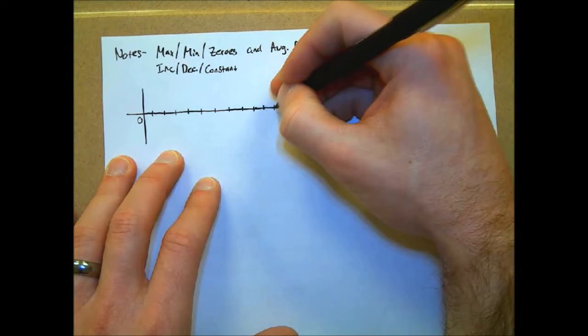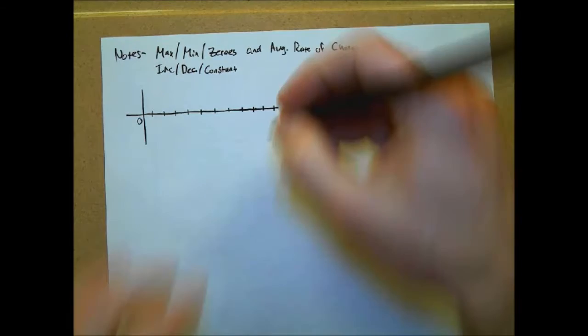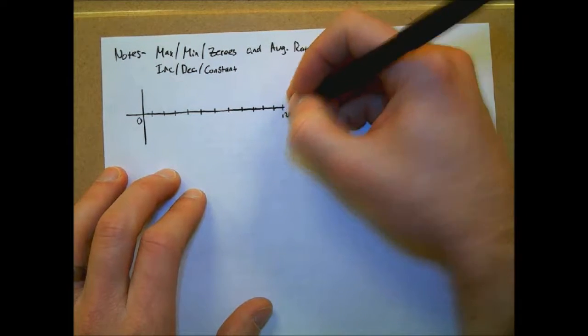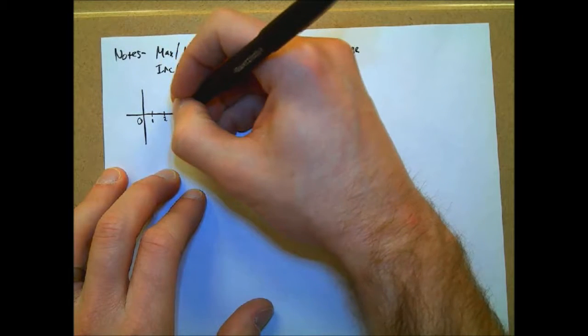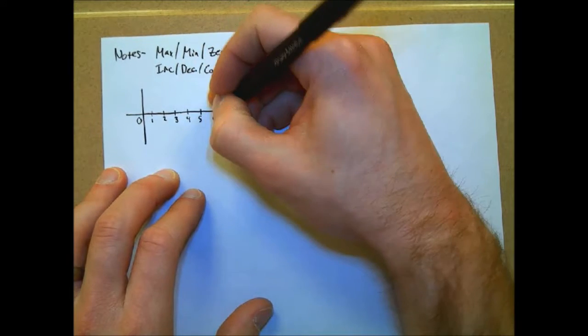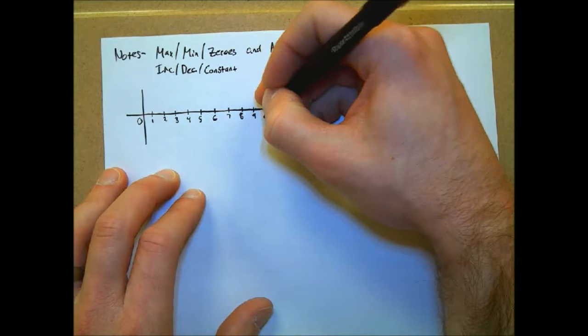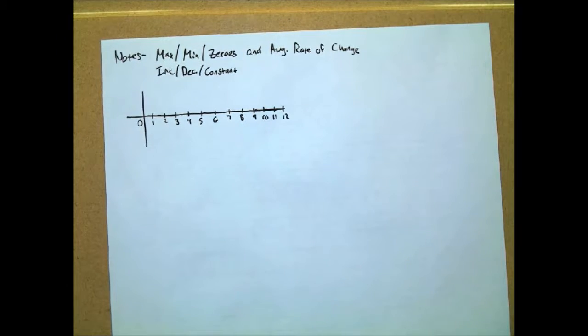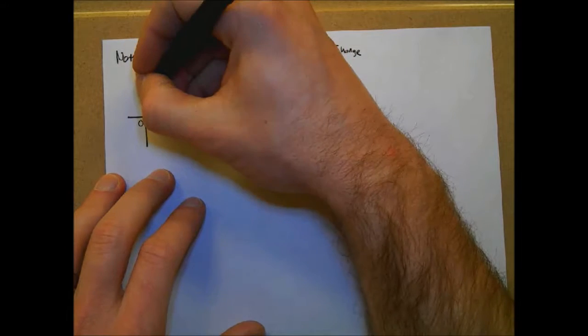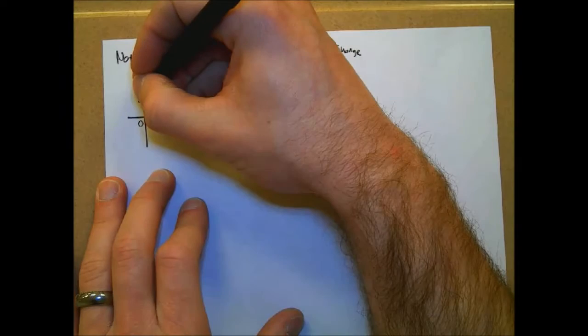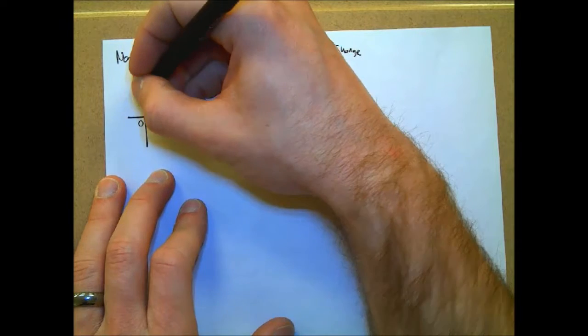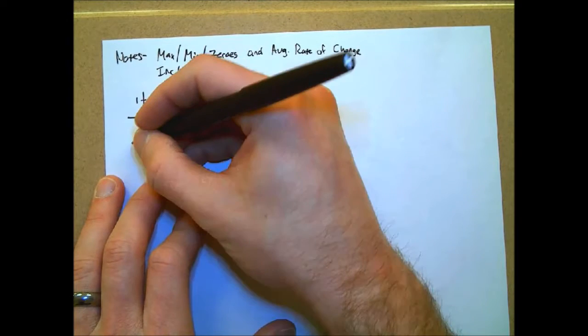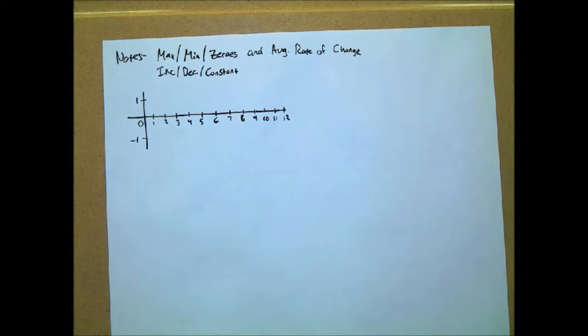I guess I go all the way out to 12 there. We're going to use that same graph we did, and I'm not going to worry too much about that. Okay, so it went from -1 to 1. Started here.